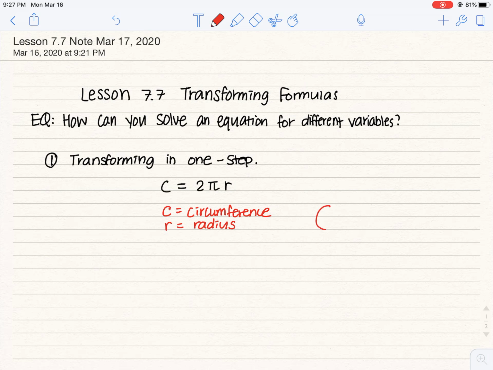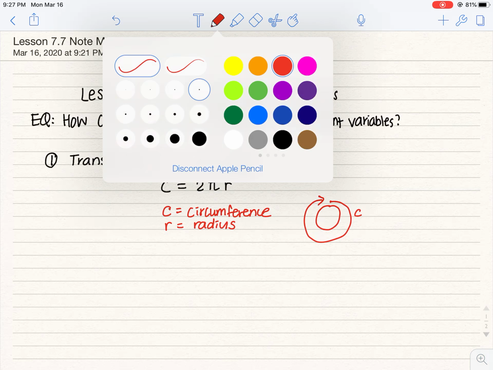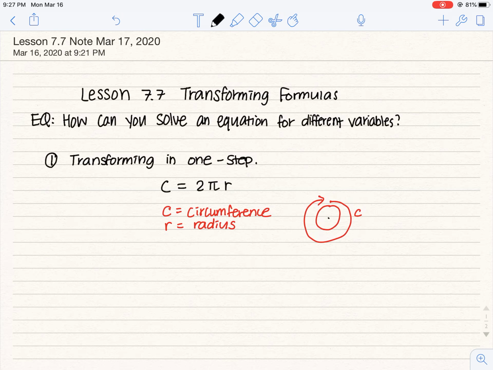If you have a circle, around the circle is going to be the circumference, and the radius is going to be half of the length that goes across from one point to another in a straight line.